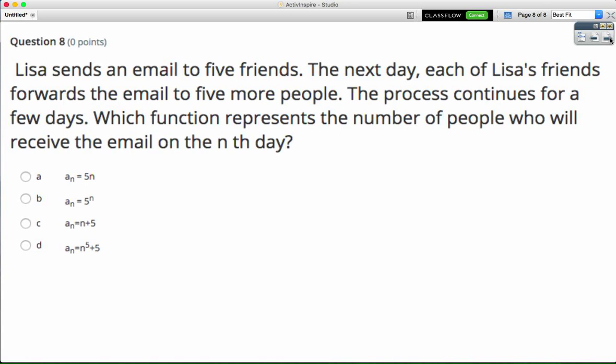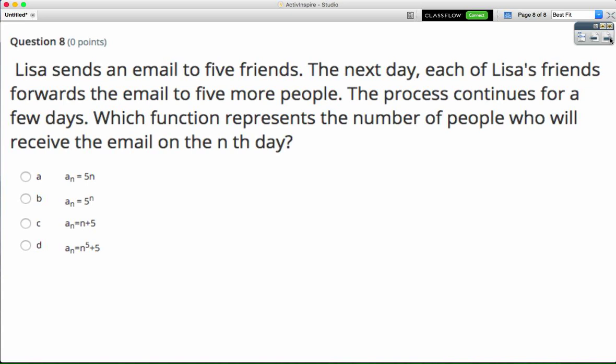So this question is put in there to see if you can step back out of just doing the same type of problem over and over again and really realize what is happening as far as how this sequence or this pattern would be growing. So if Lisa emailed 5 friends, and then those 5 friends email 5 more friends, and then those 5 friends email 5 more friends, I am not just adding a constant amount every day.